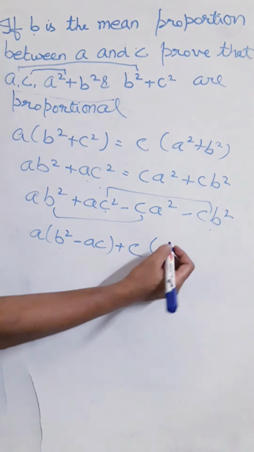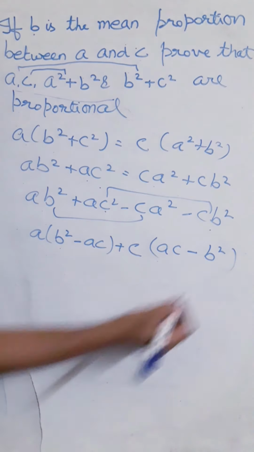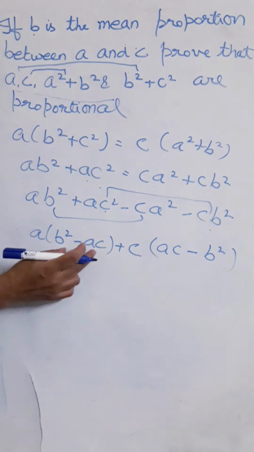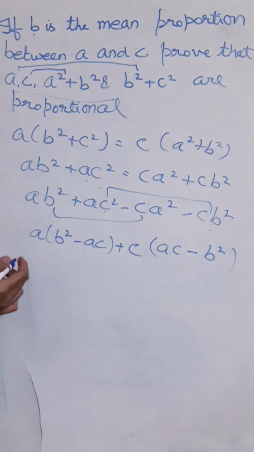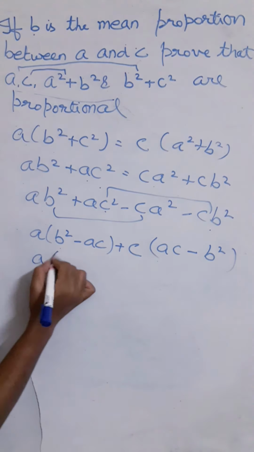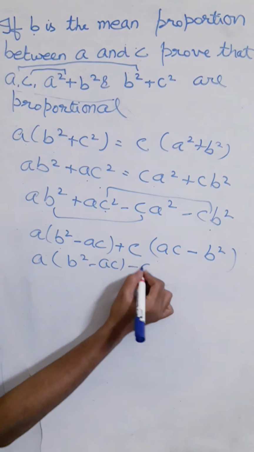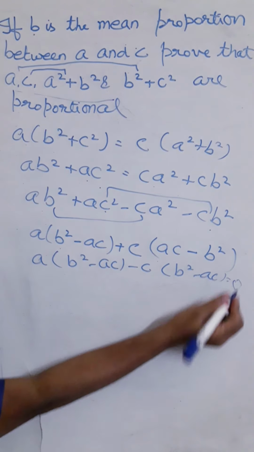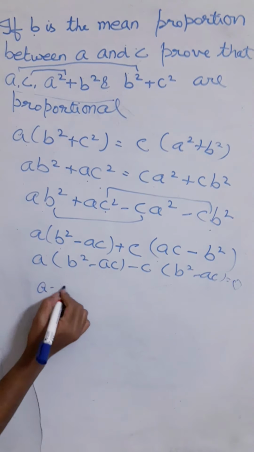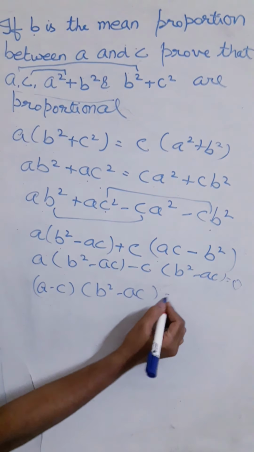So I will get ac minus b square. Now see, here the signs are changed, so I will make it minus sign and it will become the same thing in the bracket. So here I will have a times b square minus ac minus c times b square minus ac equals to 0. Now I can write a minus c or b square minus ac equals to 0.